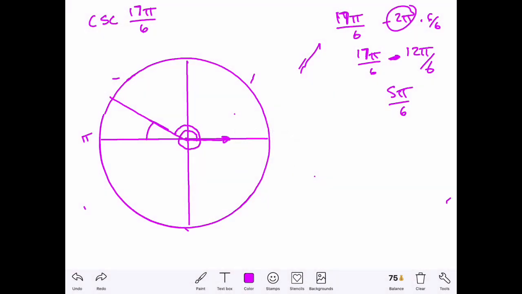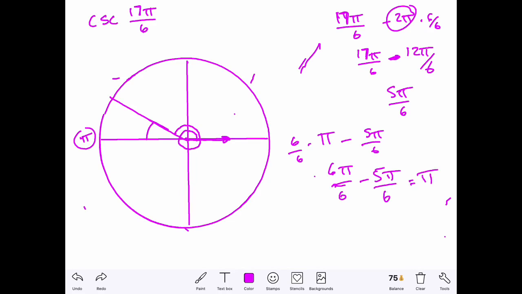Okay, so pi minus the 5 pi over 6, which I have left. Well, let's multiply that by 6 over 6. That's 6 pi over 6 minus 5 pi over 6 leaves me with pi over 6.